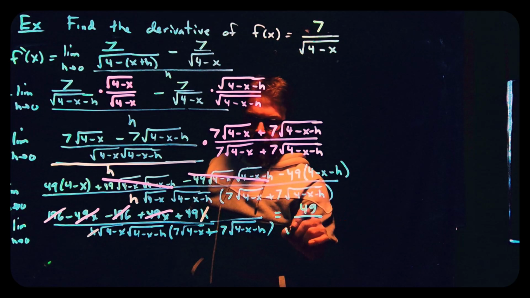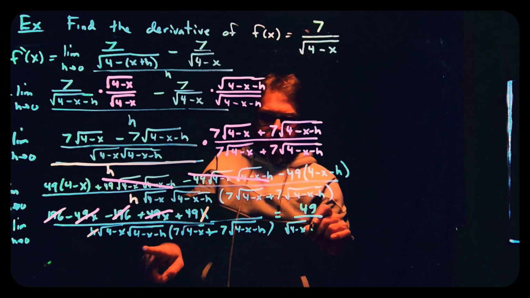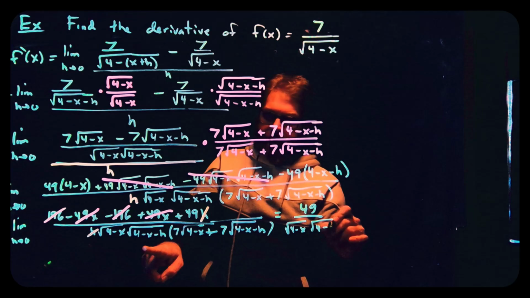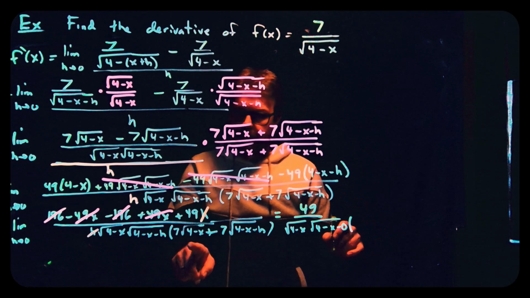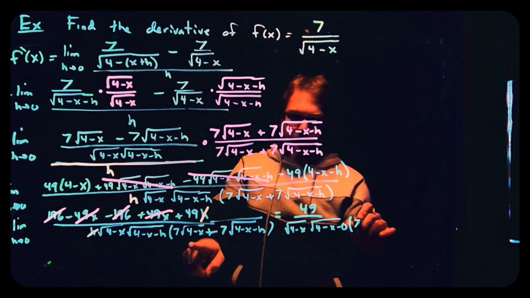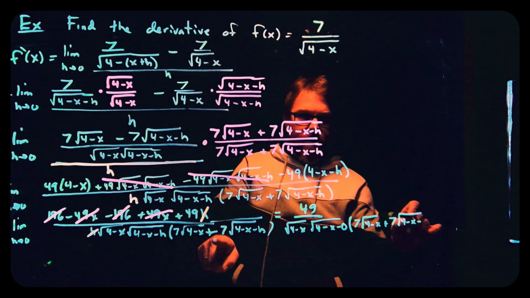On the bottom, we're going to have root 4 minus x, the square root of 4 minus x minus 0, times 7 times the square root of 4 minus x plus 7 times the square root of 4 minus x minus 0.